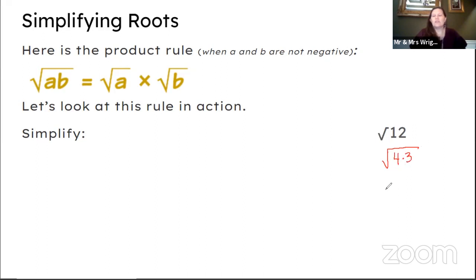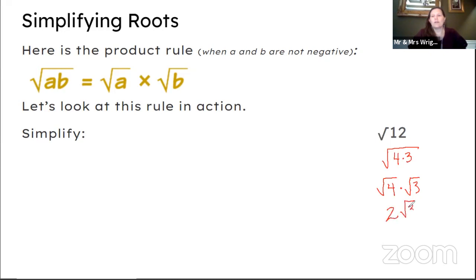So that means using this product rule, I can break this out into 2 separate roots. So the square root of 4 times the square root of 3. Now, one of these we can complete, and the other one is an irrational number. So the square root of 4, we are able to complete. We know the square root of 4 is 2.